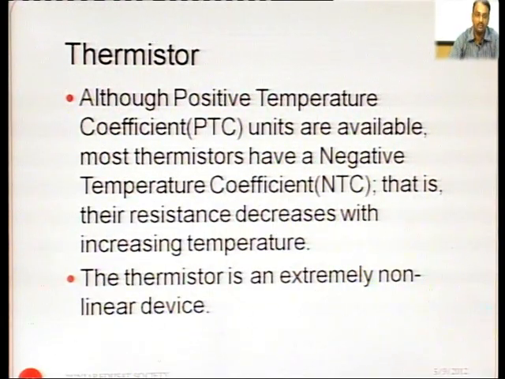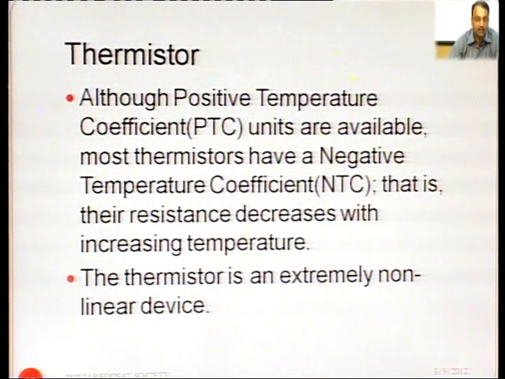There are two types of thermistors used. Two basic models are used. One is the positive temperature coefficient units, PTC, and the other, as most thermistors have, is a negative temperature coefficient, NTC. PTC means their resistance increases with increasing temperature.